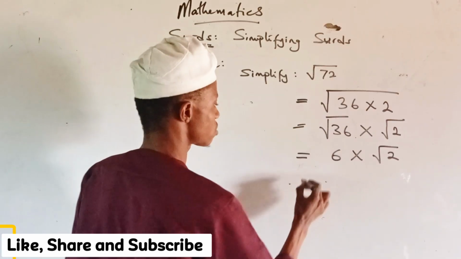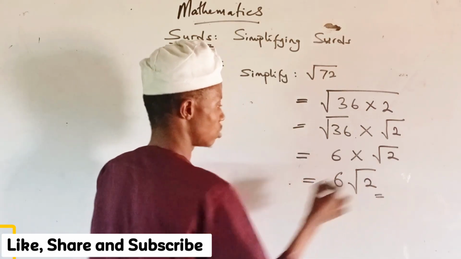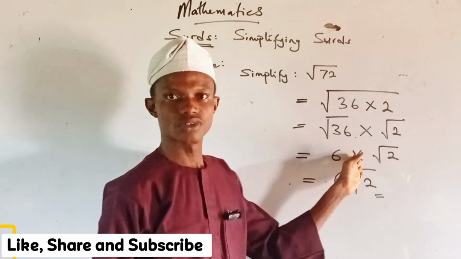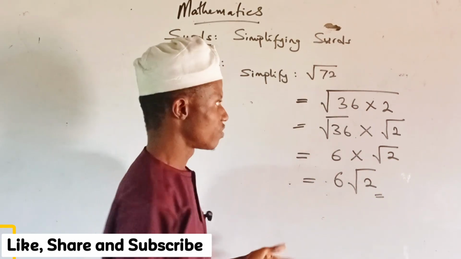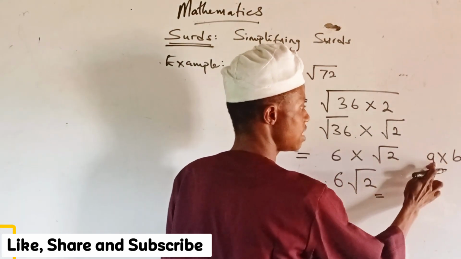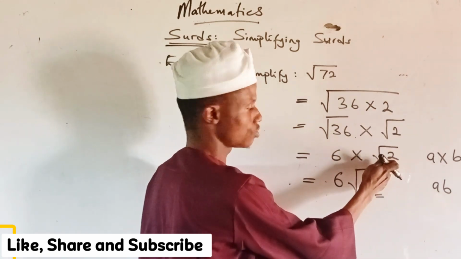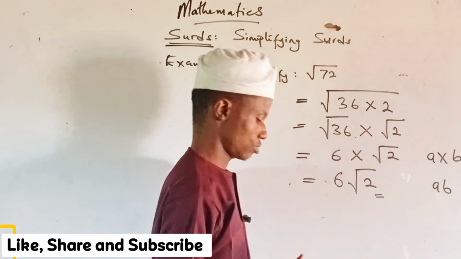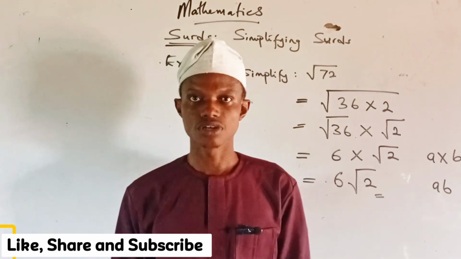And then the final answer will be 6 root 2. All right? 6 times root 2 is 6 root 2, the same thing with A times B, AB. So that's the process of simplifying surds.